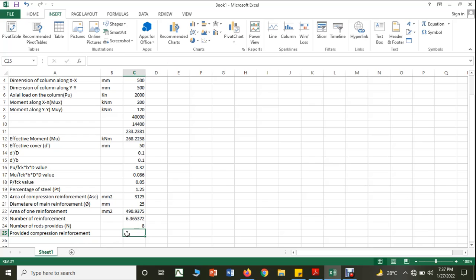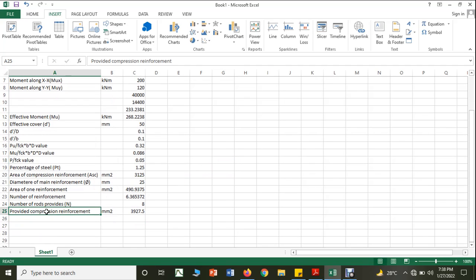Now it will be equal to 3.142 into 25 into 25 into 8 numbers, divided by 4. So that will give you 3927.5 mm square. So that is the provided compression reinforcement.